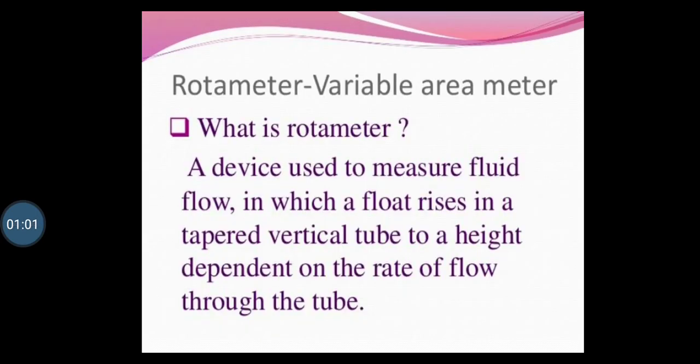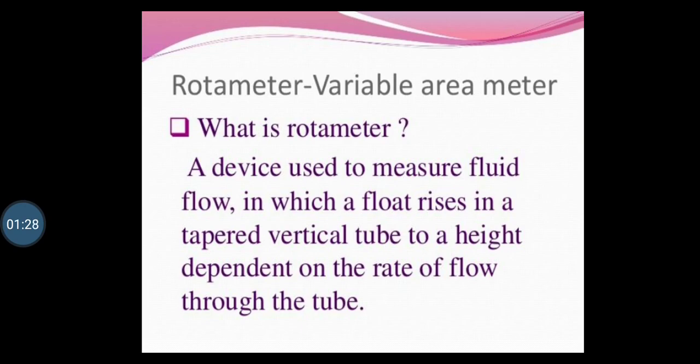What is rotameter? Rotameter is also known as variable area meter because its area gradually increases from bottom side to upper side in V shape. Here, why I am saying that bottom to upper side is because it is installed in vertical position only. And why it is installed in vertical position, that we will discuss later in working section.